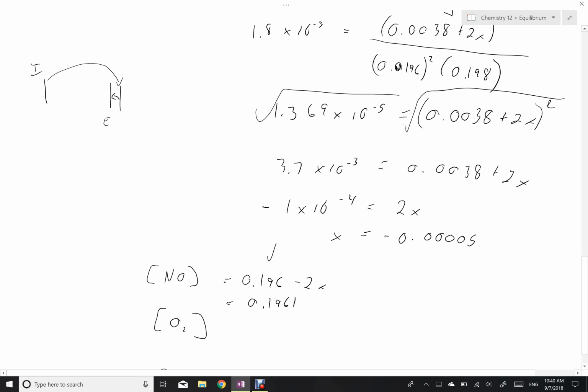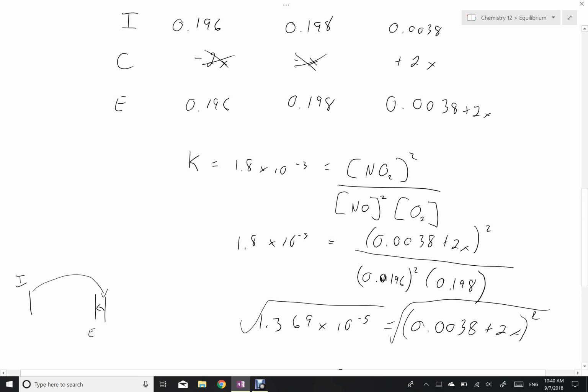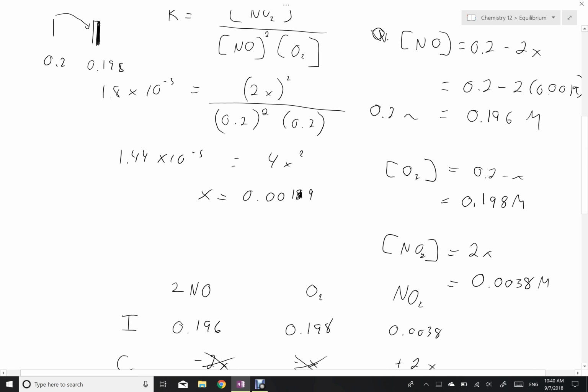So here I assumed that this would be the concentration at equilibrium, and this is the actual concentration at equilibrium. We can see how in my first assumption with the 100 rule, I went from 0.2 to 0.196, and it's pretty close, but it is a little different.